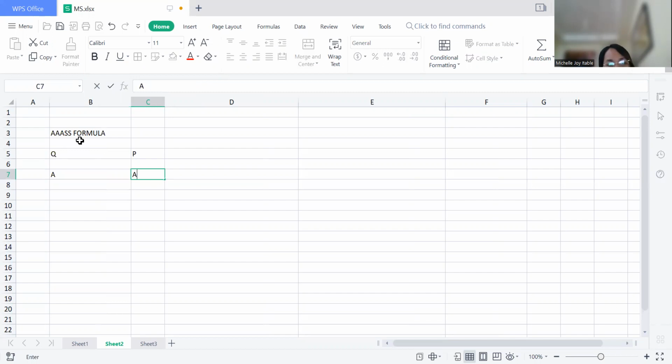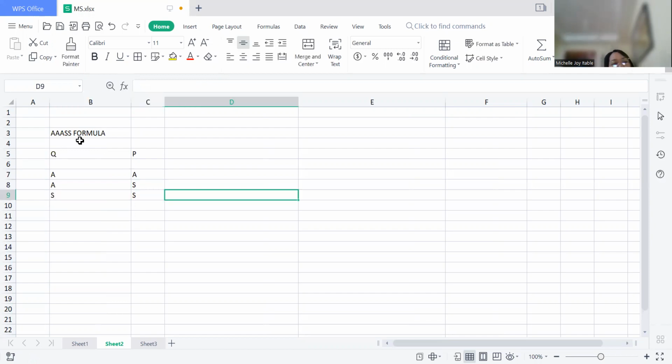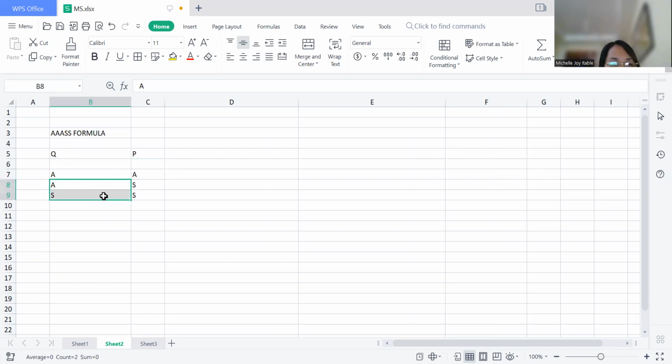And then next is S. So ganito, di ba? Actual, standard. And then we have the quantity or efficiency or usage, and then we have here the price or the rate variance. So yan si AS formula.